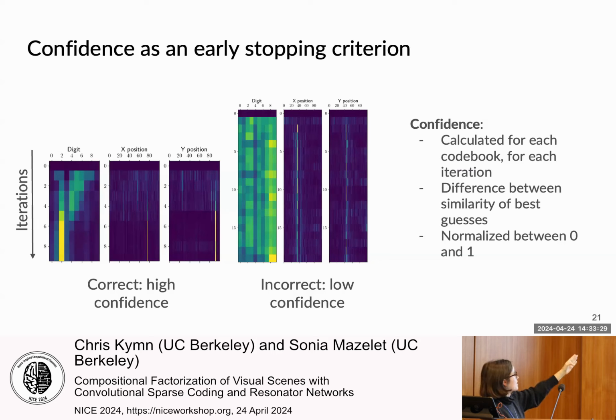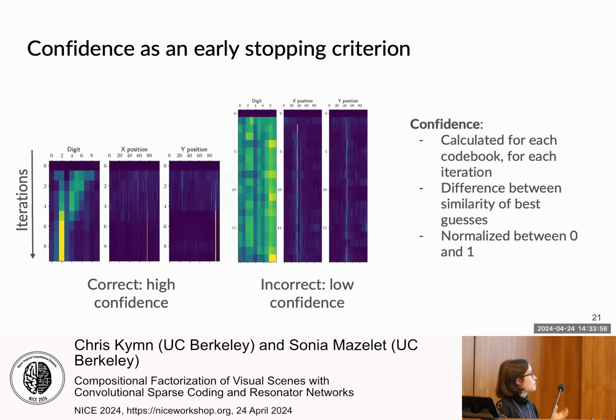So here it returns the answer that the digit 2 is present in the image. When it's correct, it's very sure of its answer. There is only one bold straight line, and the other columns are black. But when it's not correct, it's not as sure of its answer. Here, the two last columns are equally bright, and this indicates that it's confused between two possible answers.